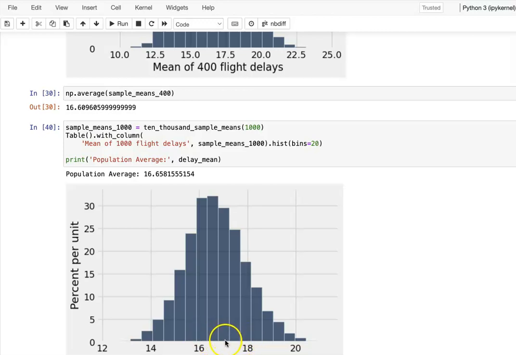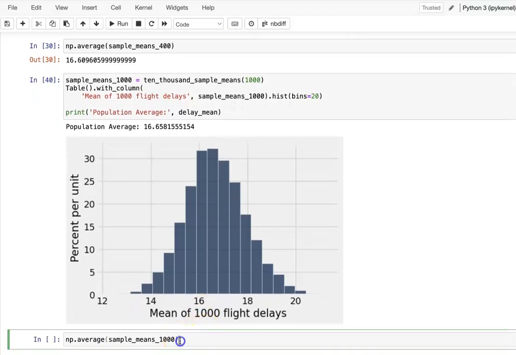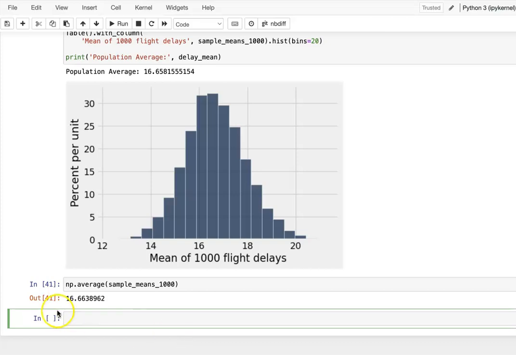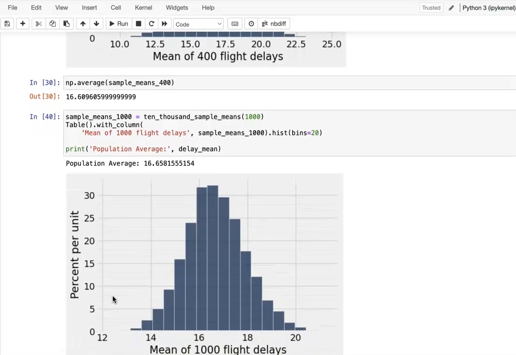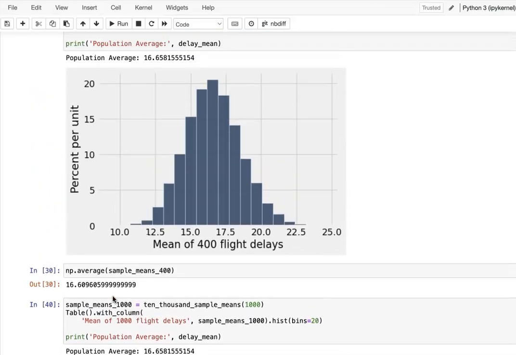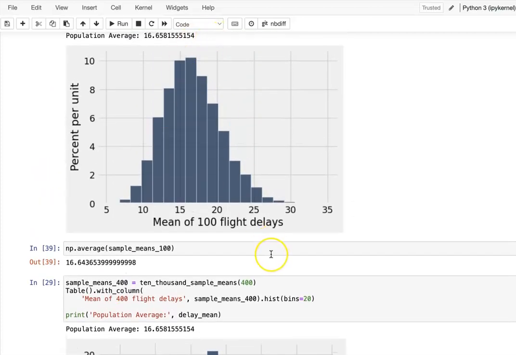If 17 is here, we can more clearly see that it's about 16.5. From sample sizes 100, 400, 1000, the good thing is they all look very similar to the bell shape, and the larger the sample size, the more symmetric.